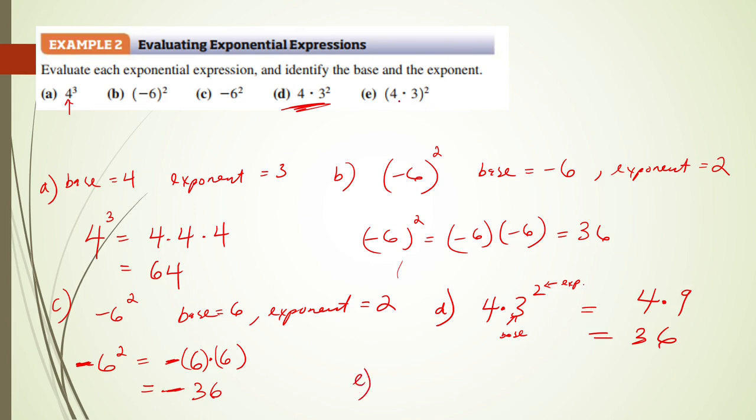In part E, the base is 4 times 3. The exponent is 2. For part E, I have (4 times 3) squared, which is equal to, well, I could do the multiplication first. 4 times 3 is 12. 12 squared is just 12 times 12, or 144.